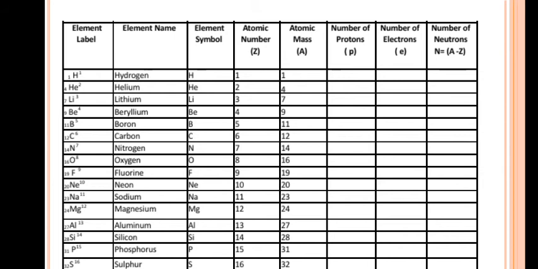Now the next column is number of protons and number of electrons. The atomic number is the same as the number of protons and the number of electrons. So you have to write here the atomic number which we have written in this column.